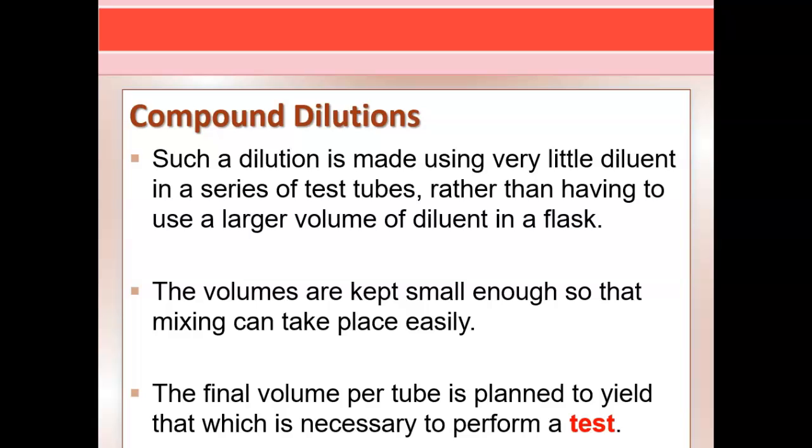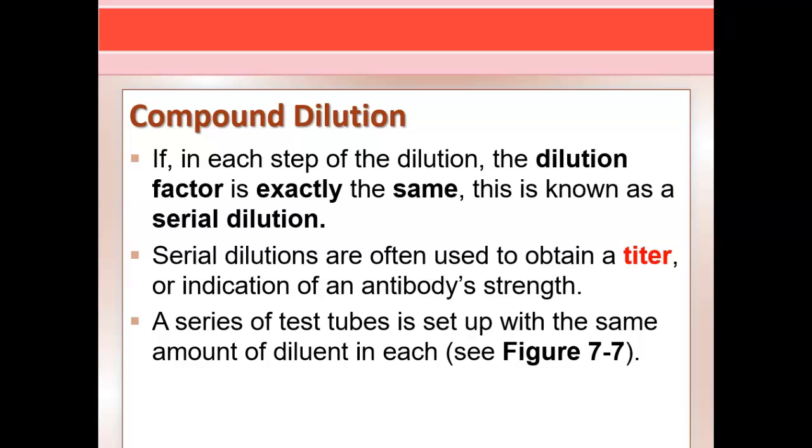So if we make a total volume of 200 microliters for our dilution, but our analyzer requires 500 microliters or half a mil, that's not going to be enough. So you have to plan what final volume you need based on the minimum amount required to even run the test. If in each step of the dilution the dilution factor is exactly the same, this is known as a serial dilution.